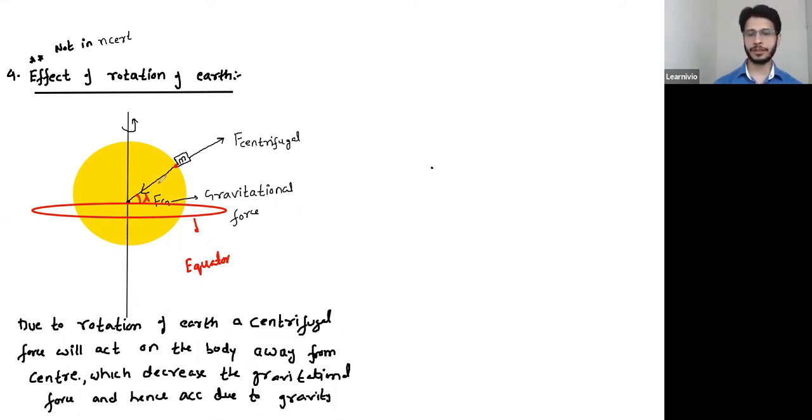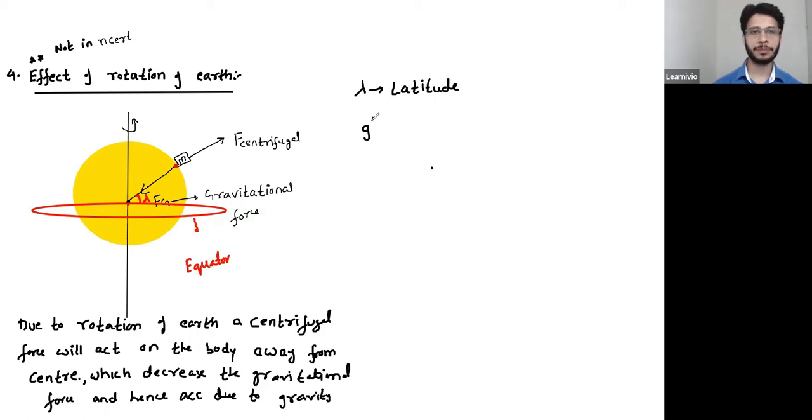This angle lambda is basically latitude. The line joining the point on the surface of Earth to the center of Earth is making an angle lambda with the equatorial plane. This lambda is known as latitude.